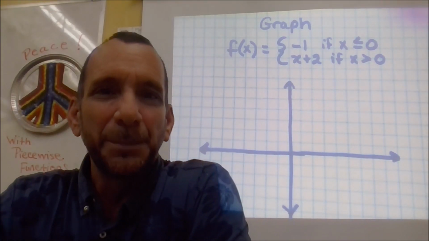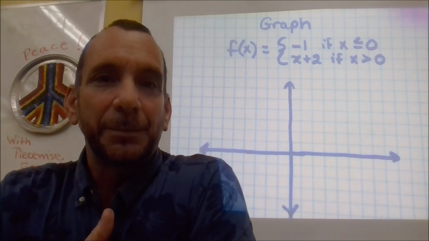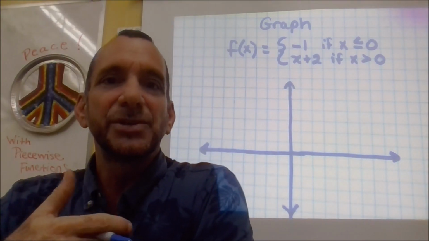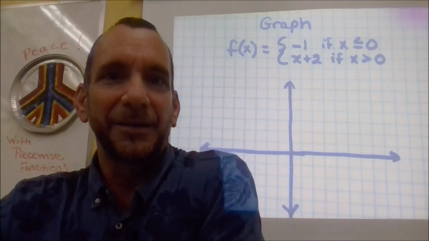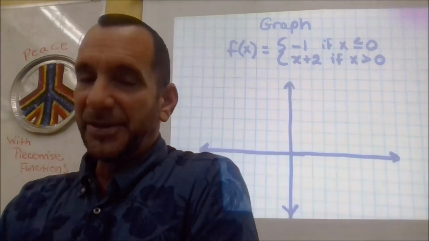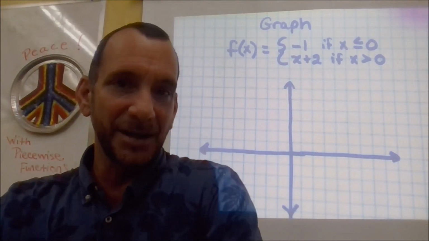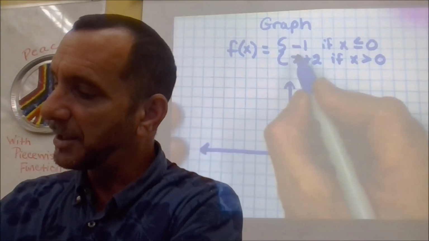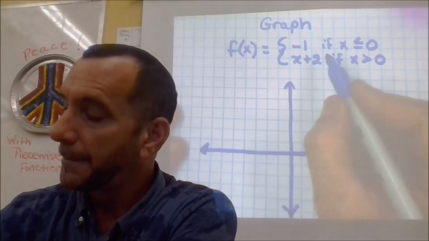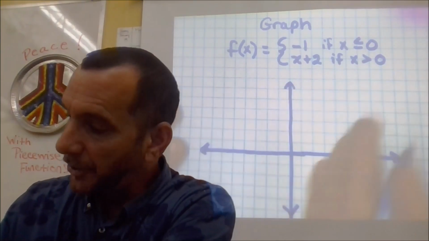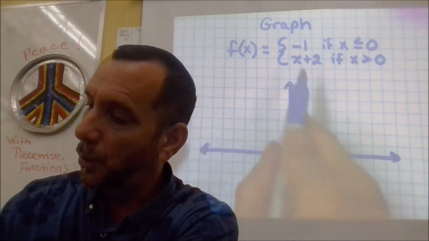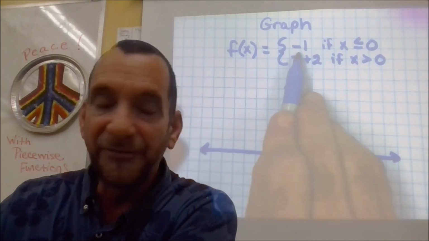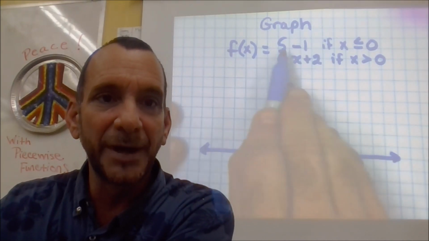Now, what we want to remember when we're graphing piecewise functions is to graph lines and simple quadratic functions. So let's look at these two pieces of this function. f of x equals -1 if x is less than 0. So all my x is less than 0 coordinates, the function is f of x equals -1.